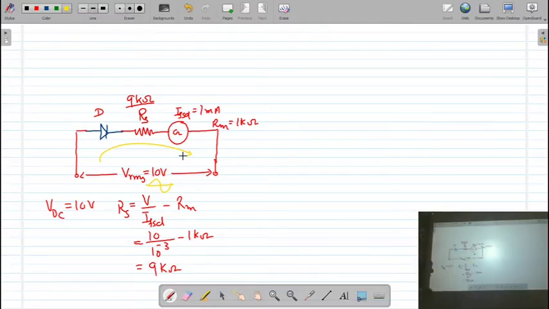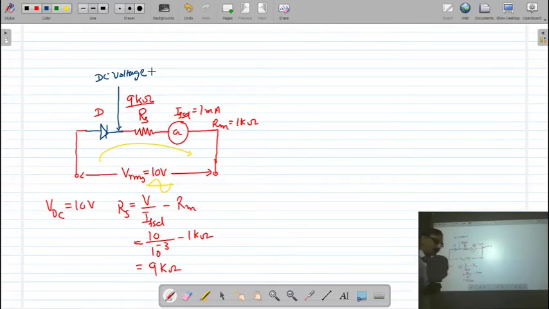Here, if we calculate, when we apply the 10 volt RMS AC voltage, it is going to be rectified. And when it is rectified, at this point we have a DC voltage. Remember. Now, how much DC voltage will be there?